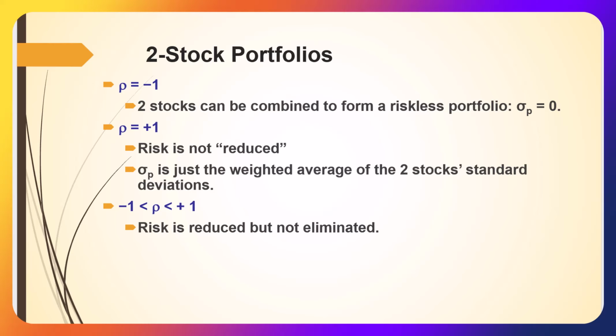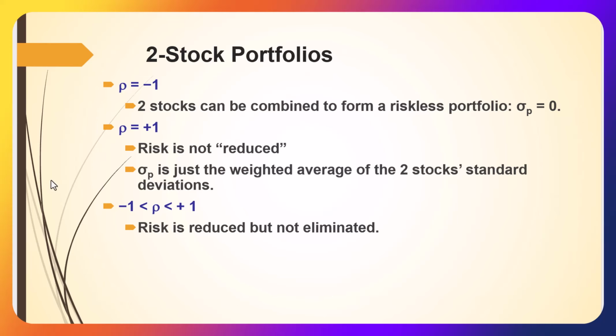So again, here's the key question. What happens to risk as you add more stocks to a portfolio? Research shows that as you increase the number of stocks, the diversifiable risk, or the firm-specific risk, declines. However, some risk always remains, and we refer to that as market risk. So where do we get this diversification? Again, if the correlation is -1, those stocks can be combined and can have very, very low risk, maybe even zero risk.